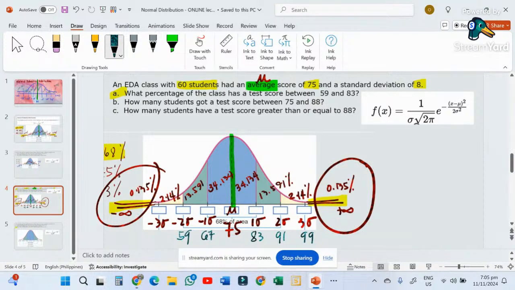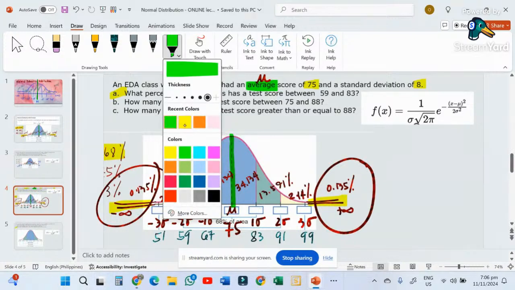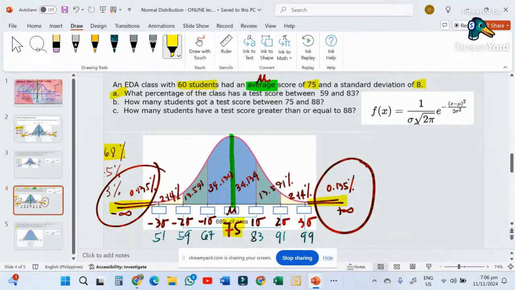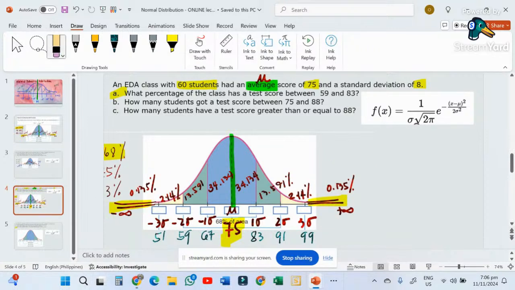And then 59 minus 8, that will be 51. 51 plus 8, 59 plus 8, 67 plus 8, 75. So 75 here is a superstar, I would say, because that is where we reckon all our computations for the percentages in each sigma position.